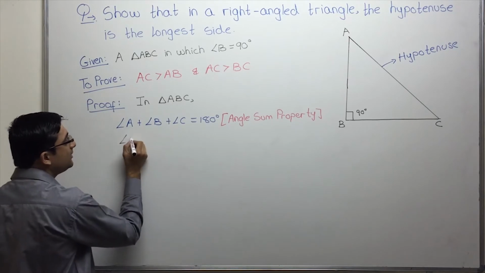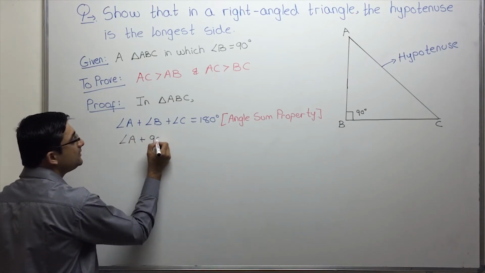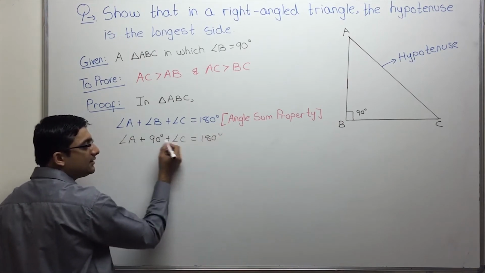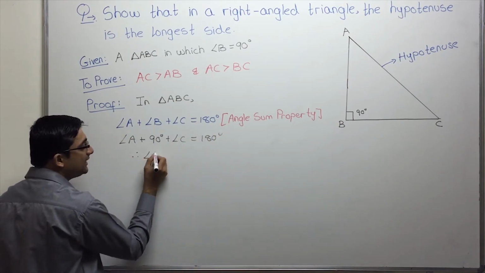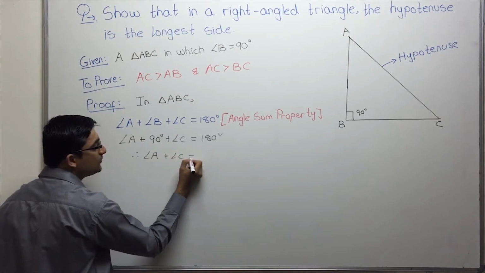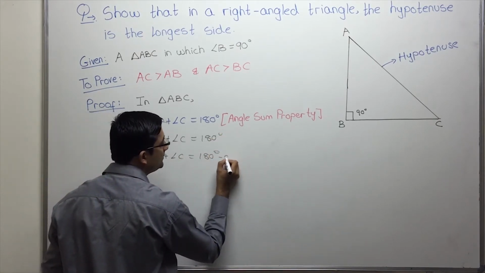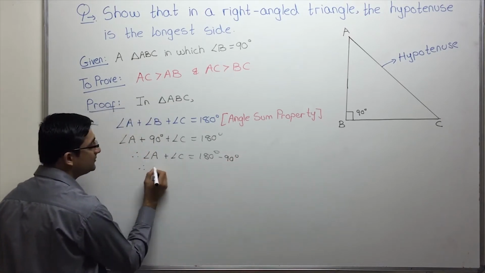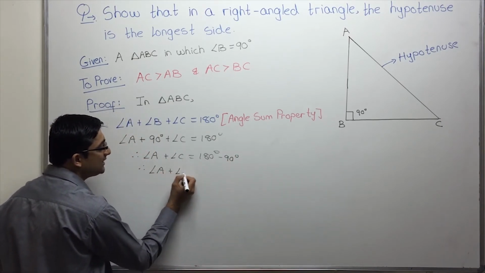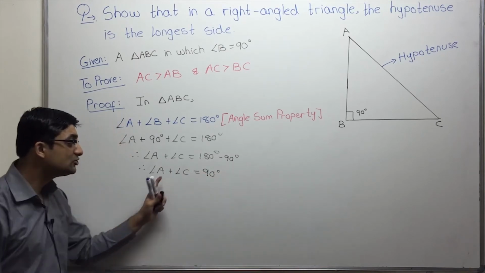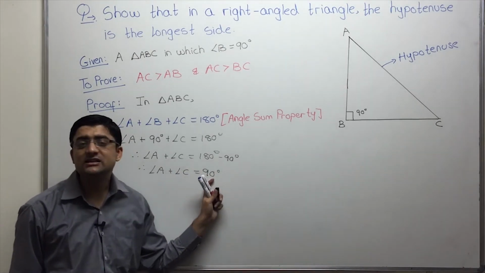So angle A plus 90 plus angle C is equal to 180. Take the 90 over there. So angle A plus angle C is equal to 180 minus 90, which is 90 degrees.